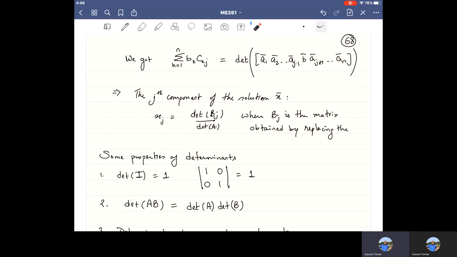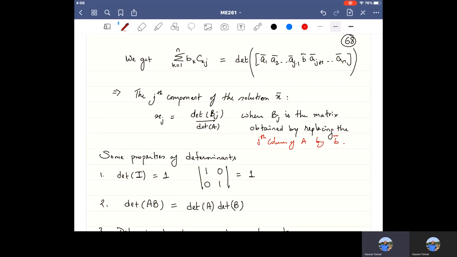And therefore, my solution, the jth component, is given by the determinant of Bj divided by the determinant of A, where Bj is the matrix obtained by replacing the jth column of A by the right hand side vector b, correct?